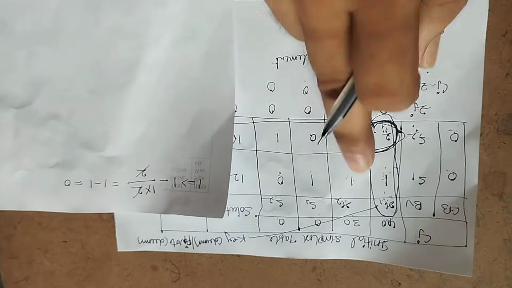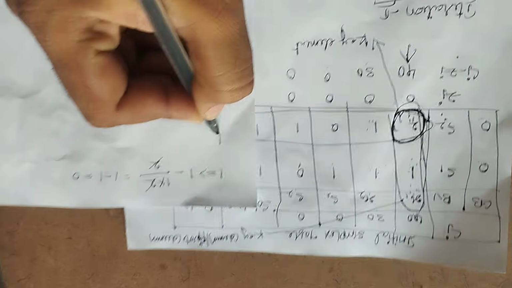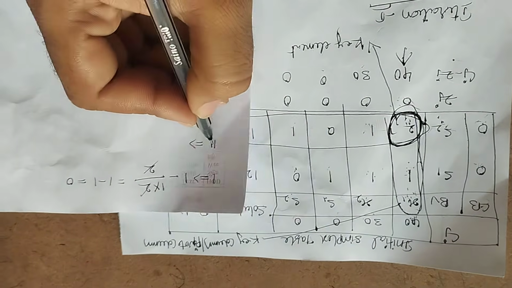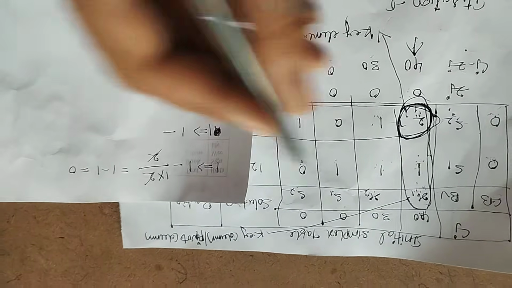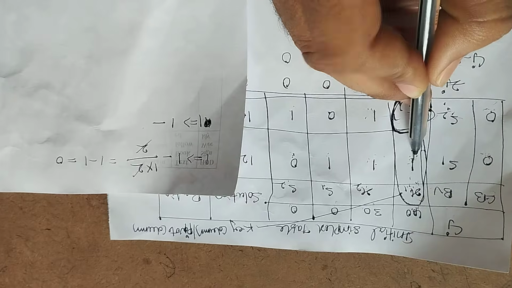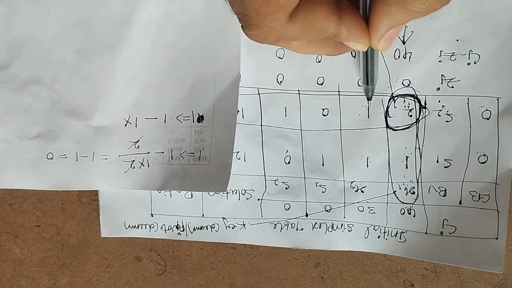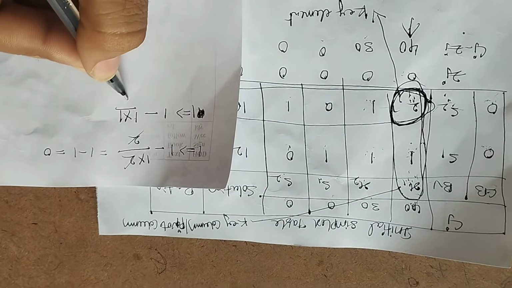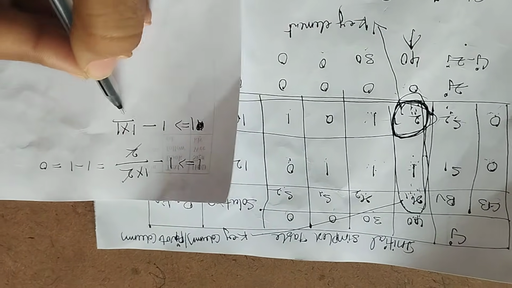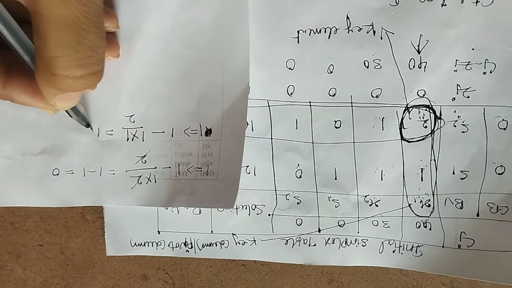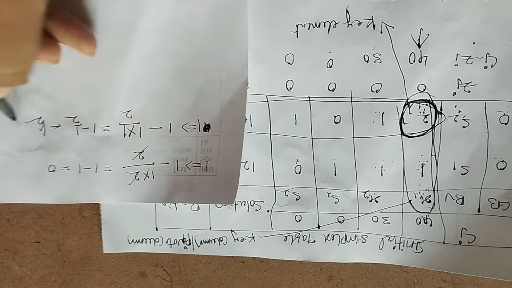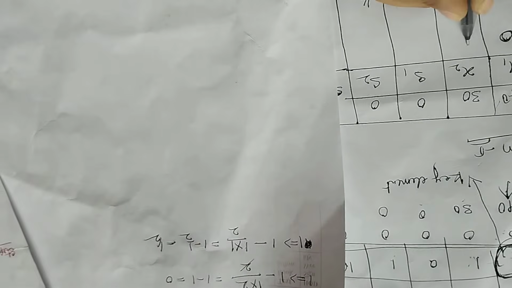Similarly, the next value: the old value is 1. Old value 1 minus corresponding key column value 1 into corresponding key row value 1 divided by key element 2, that is 1 minus 1 by 2, which equals 1 by 2. We should write this 1 by 2 here. The next value is 1.